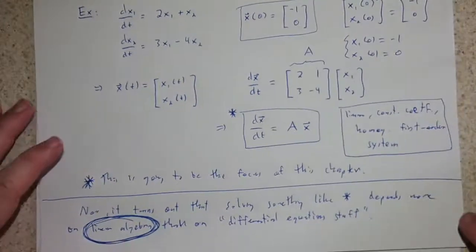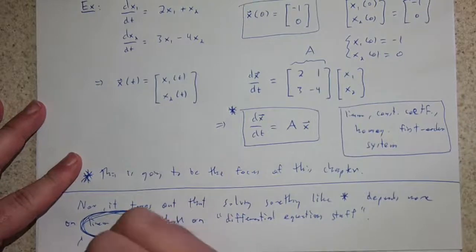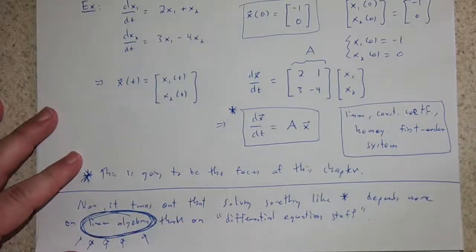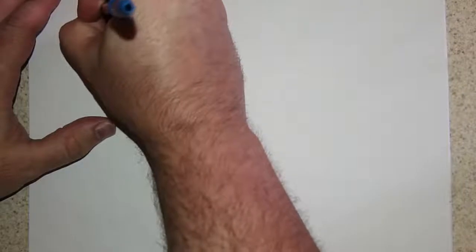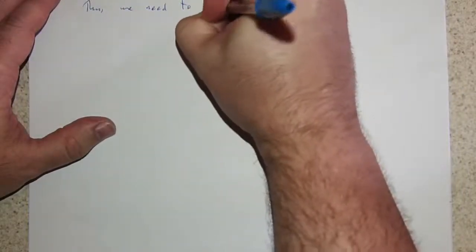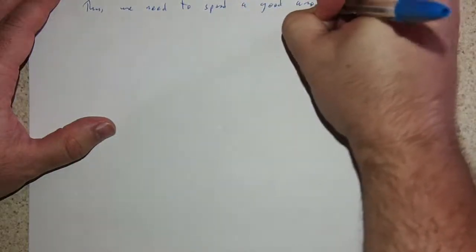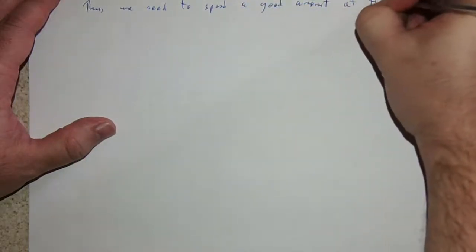So because of this, we have to do linear algebra stuff. We have to get you up to speed on linear algebra, so the next thing we do is going to be a huge aside. Thus, we need to spend a good amount of time on linear algebra stuff.